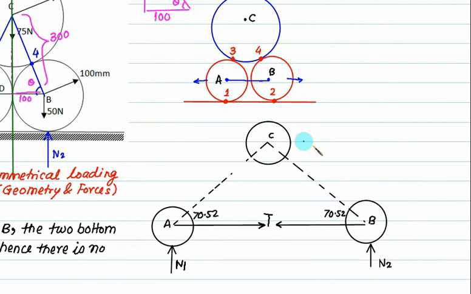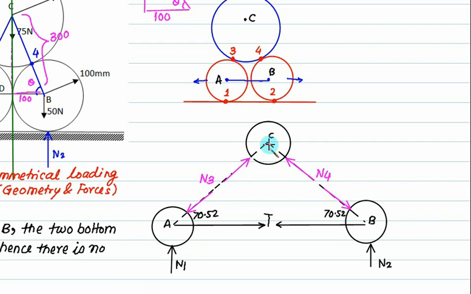Then this upper cylinder will push A and B in the downward direction. So this one is the action by C on B, and therefore they give equal and opposite reaction based on Newton's third law. We will call this point N3 and we will call this point N4.